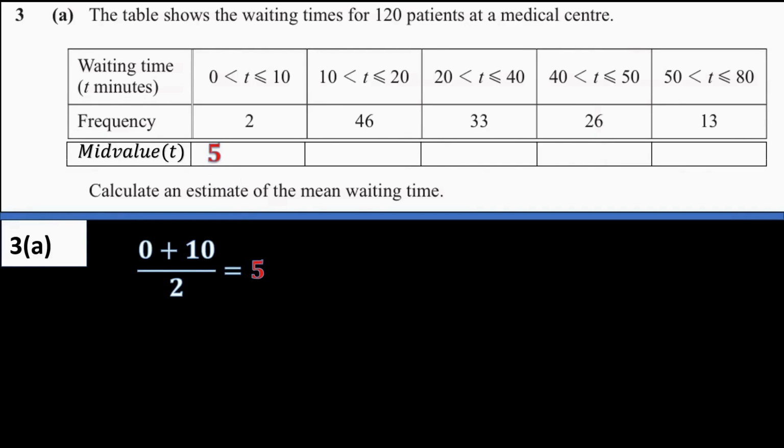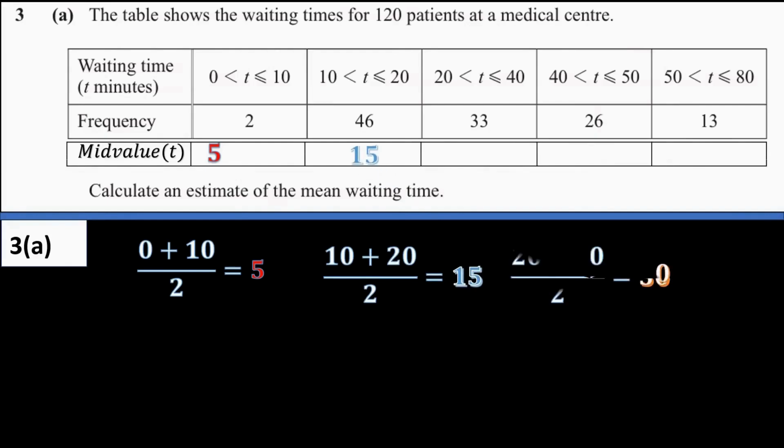So we do the same thing for the second one. We are going to add 10 and 20 together, and then we'll divide by 2. That gives us 15. We drop this 15. Then for the third column, we are going to add 20 and 40 together, and that gives us 60 over 2. That's 30. We drop this 30. And then the next, we add 40 and 50 together to give us 90, and 90 over 2 is 45.